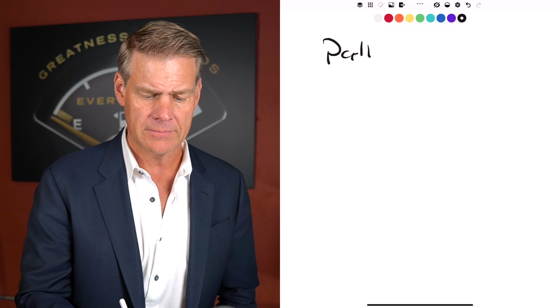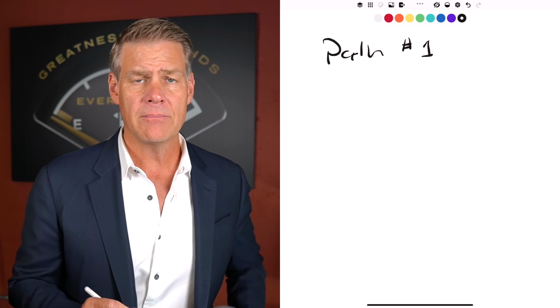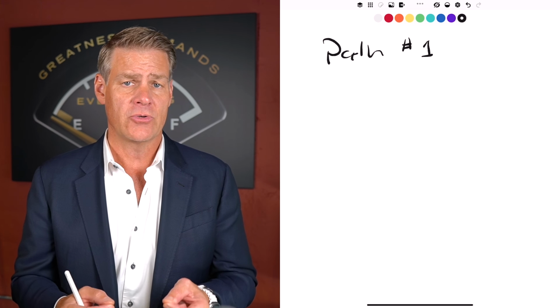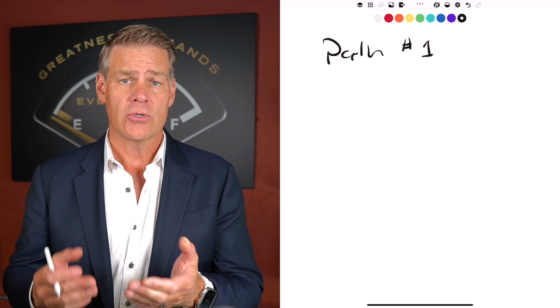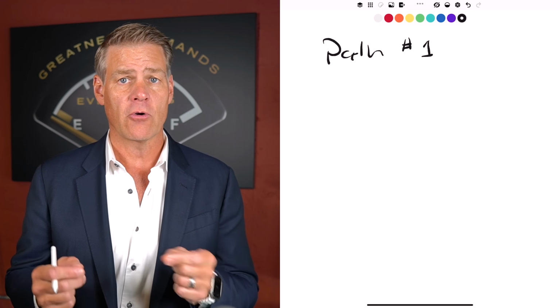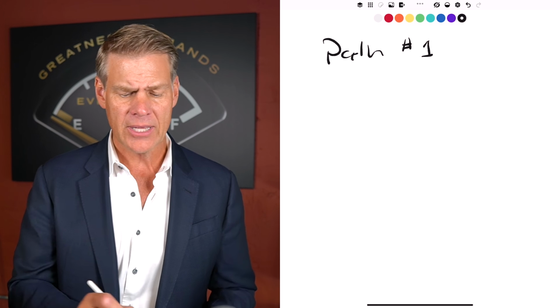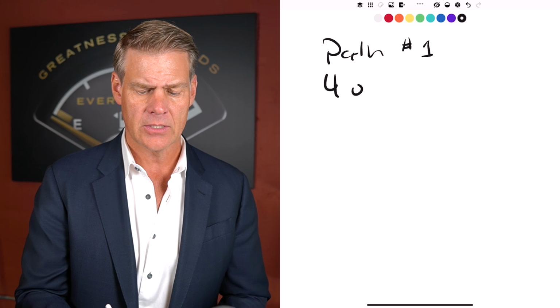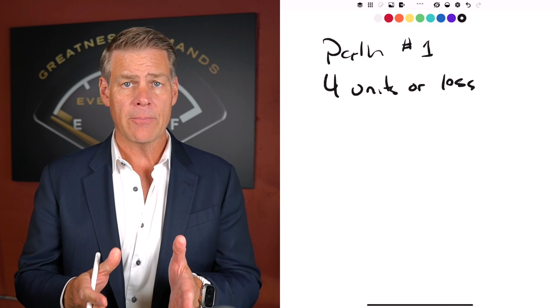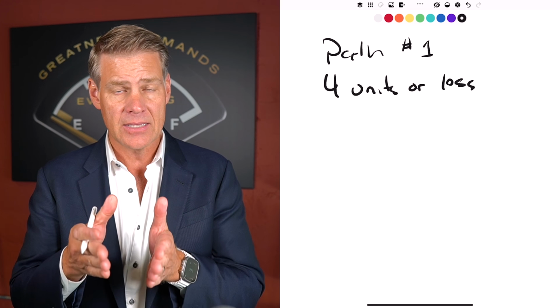If you're going down path number one, then that tells me you're going to get a traditional, conventional loan. Whenever you're getting a traditional conventional loan, you're typically dealing with a lender who is underwriting that loan with Freddie or Fannie guidelines. And if the property is 4 units or less, then the property must be held in the borrower's name.